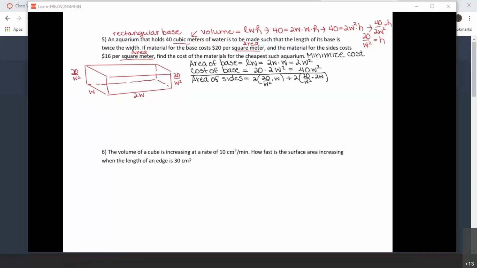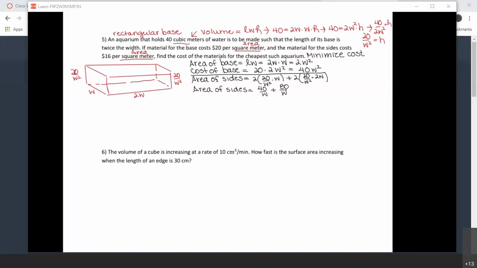Let me do a little algebra because I'm positive this can be simpler. 2 times 20 is 40, and notice, one of these W's is going to cancel out, so this is going to be 40 over W. And this is going to be 2 times 20 is 40 times another 2 is 80, and one W will cancel out.